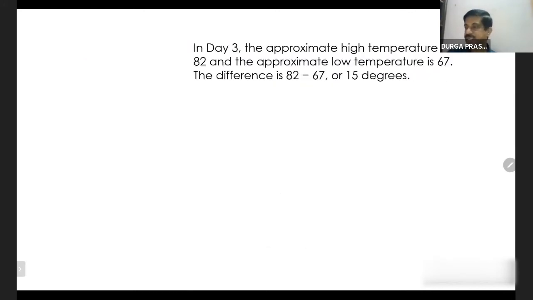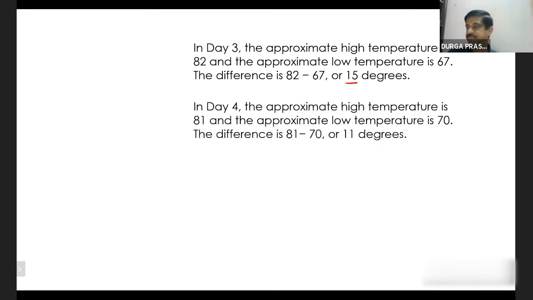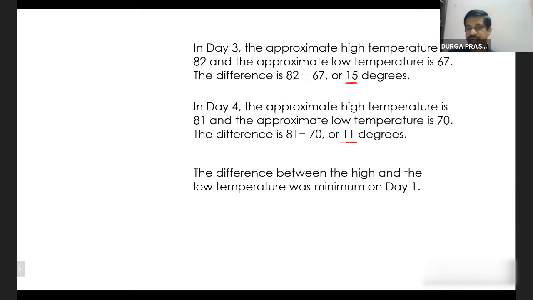Day 3 is 15. So even with day 3, day 1 has the minimum temperature difference. Day 4 is 11. So looking at all 4 days, the minimum temperature difference is on day 1. Therefore the option should be A. Please note it from this page.